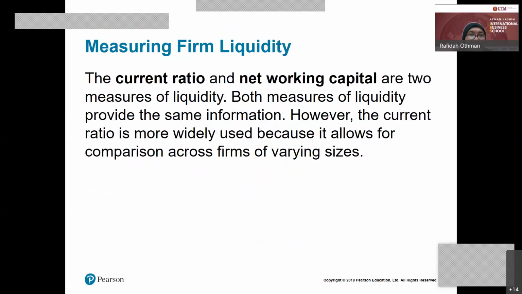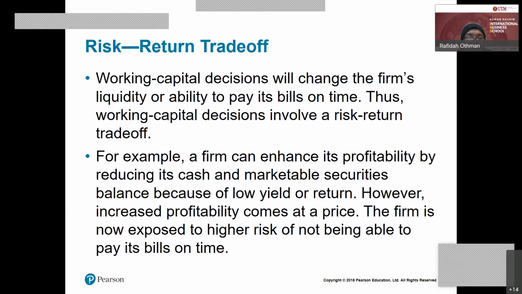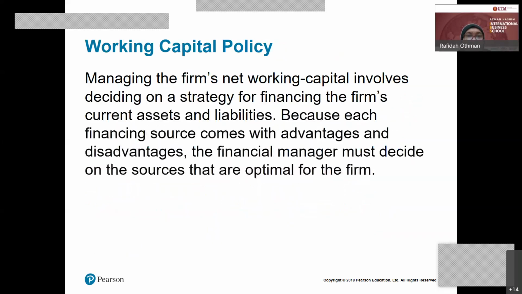Net working capital, current ratio. I hope you already know what your current and quick ratio are. For the quick ratio, you minus your inventory, because you want to know the most liquid current assets.